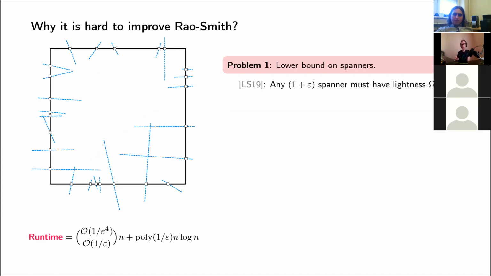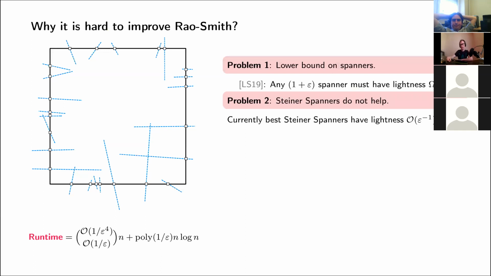There are lower bounds on spanners. Le and Solomon in FOCS 2019 show that any spanner must have big lightness, and this lightness determines how many portals we have. If we would have 1/epsilon portals here, then it would be great, but this is (1/epsilon)^d, which in 2 dimensions is already 2.